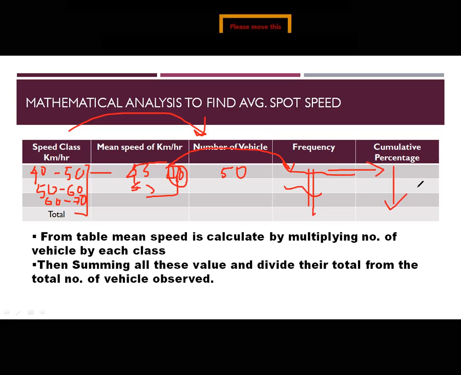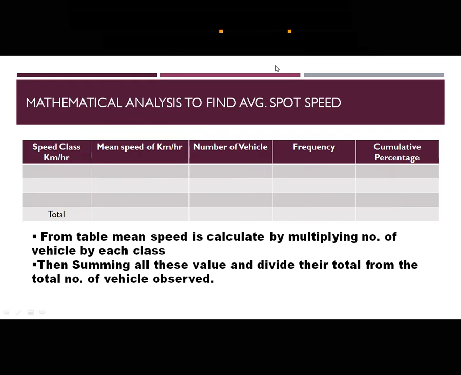From the frequency distribution table, the mean speed or average speed is calculated by multiplying the number of vehicles in each speed class by the mean speed of that class. Then summing all the values and dividing by the total number of vehicles observed, we can calculate the average speed of the vehicles.